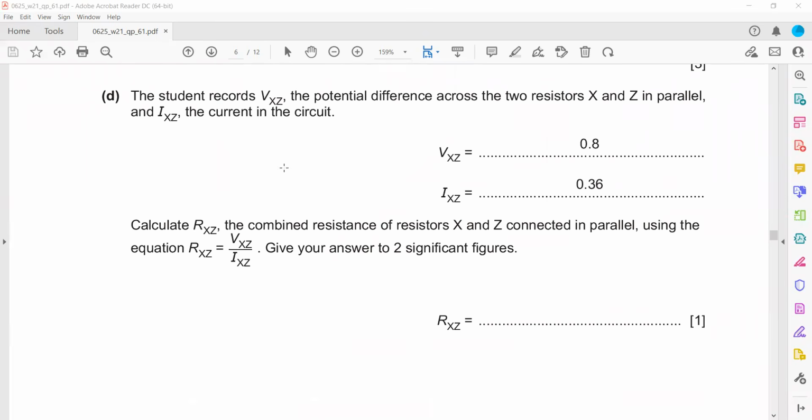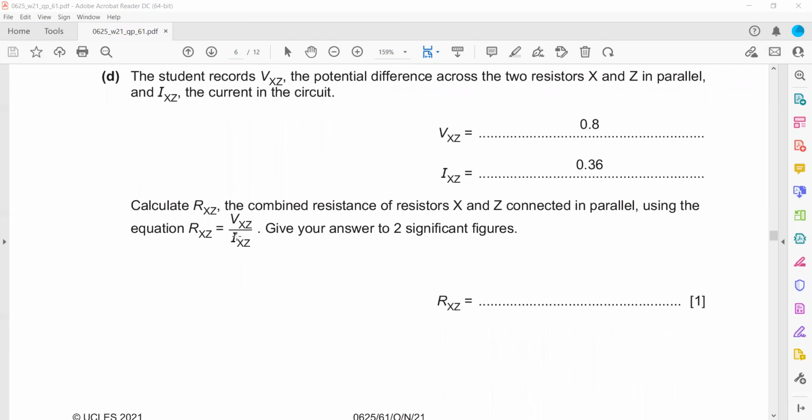Then a student records the voltage of X and Z, which was 0.8, and records the current in X and Z as 0.36. Then calculate the resistance of X and Z. So how to calculate the resistance? The voltage of XZ is 0.8 and the current of XZ is 0.36. So 0.8 divided by 0.36.